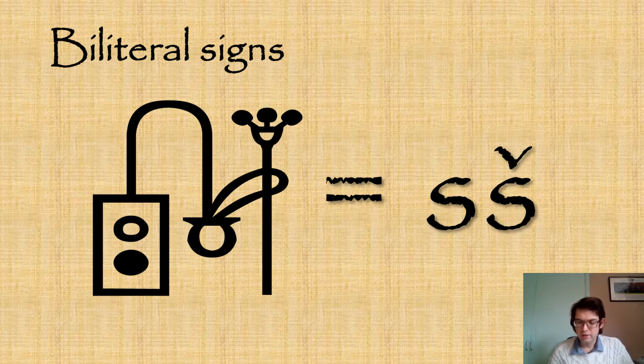Bearing in mind that you're probably chiseling this from stone, that means that you save valuable resources. Alongside this, there's also a stylistic aspect. By having these biliterals, you add greater variation and artistic sophistication to the hieroglyphic script. As we said, hieroglyphs were an art form as well as just a form of writing, so appearances mattered.